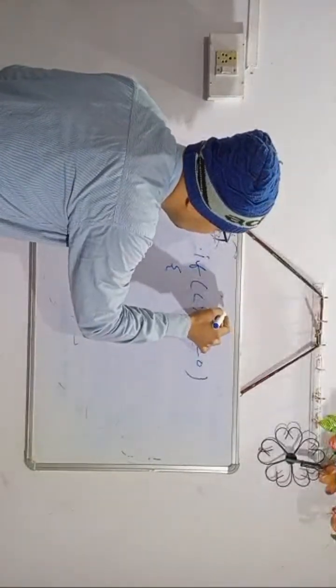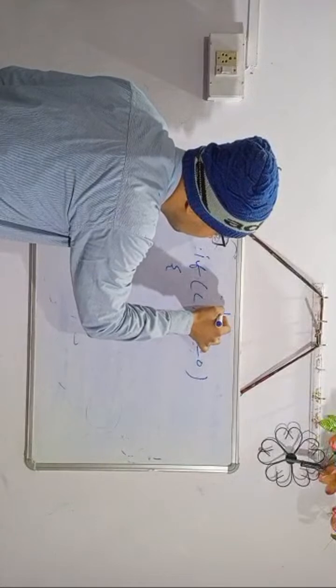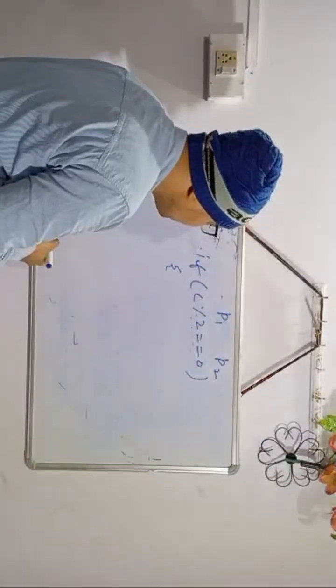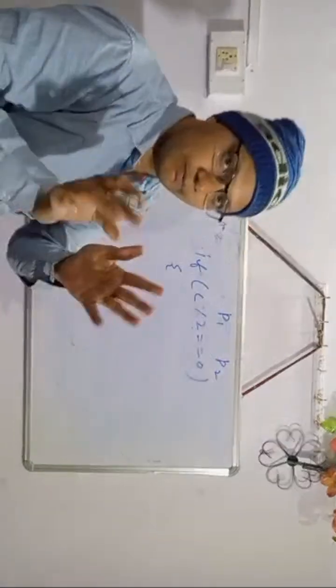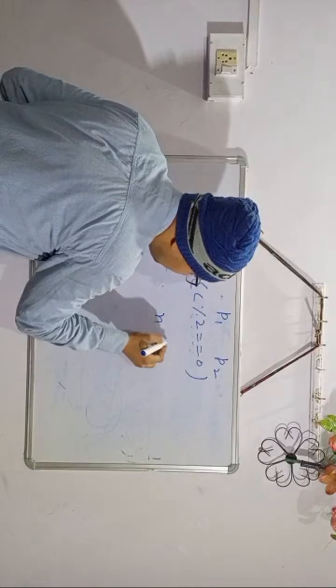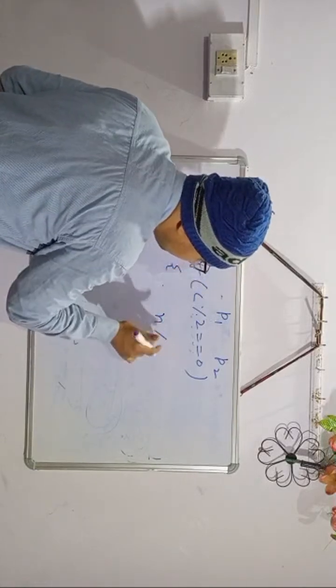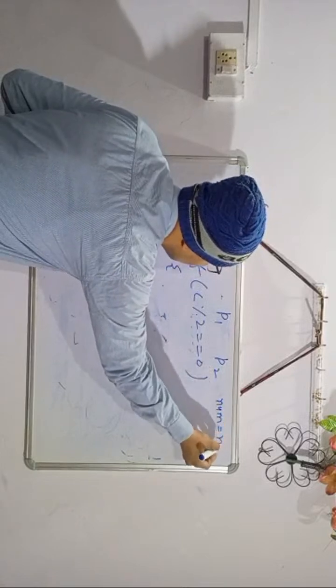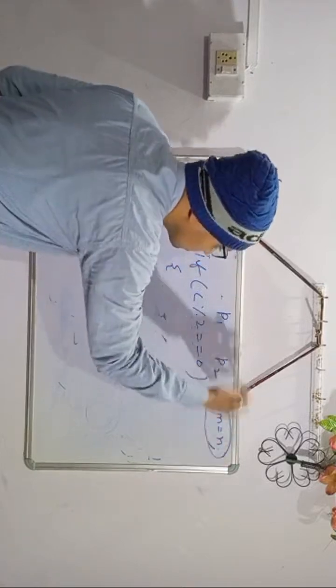So I am taking P1 and P2, part 1 and part 2. How will you take them? Like the number is of 4 digits, and when you divide the number by 100, we also need to store the number somewhere else.